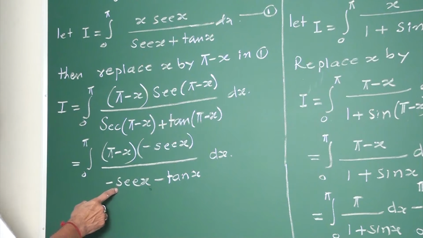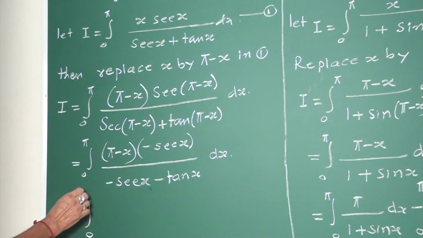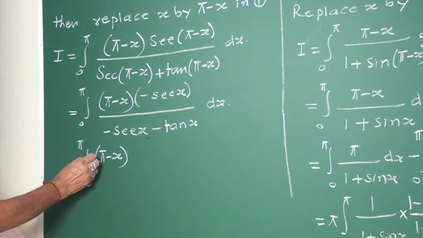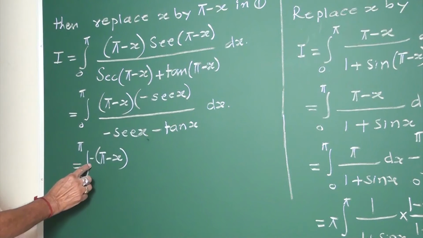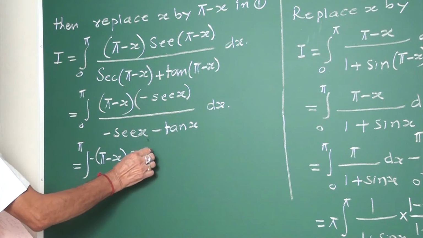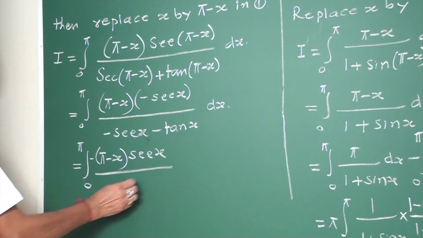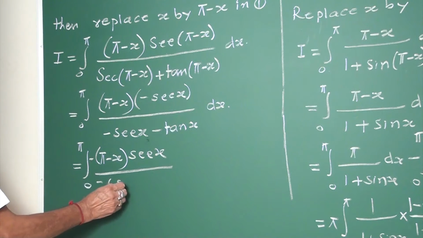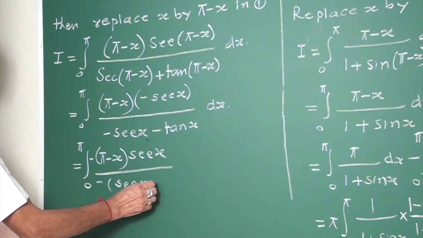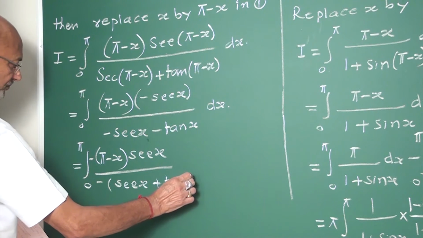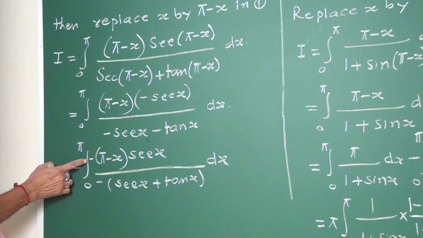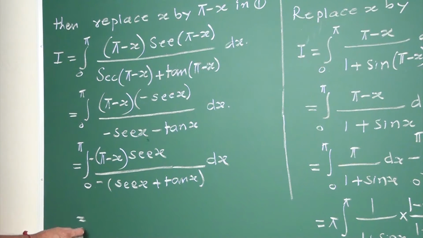My friend, this minus with a down minus becomes plus. Yes, it is integral 0 to pi minus x. I take this minus here, this minus I write here. It is sec x. I take minus outside. It is sec x plus tan x dx. My friends, above minus with down minus gives plus.